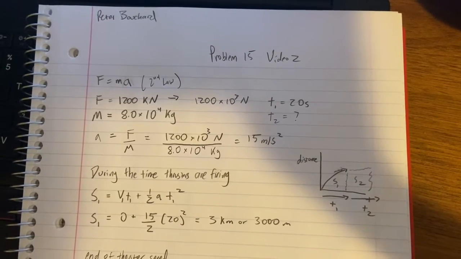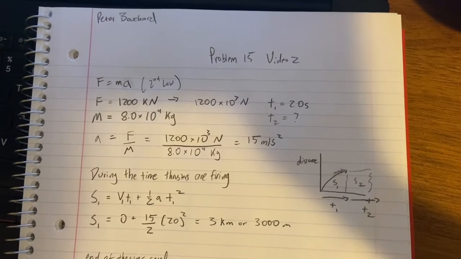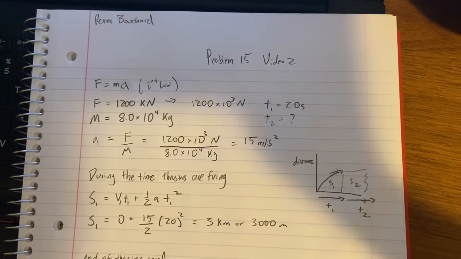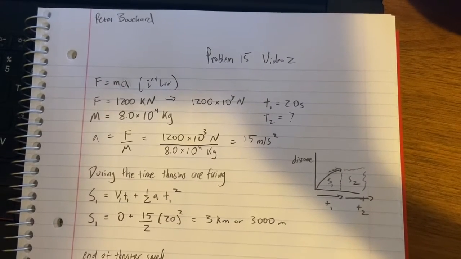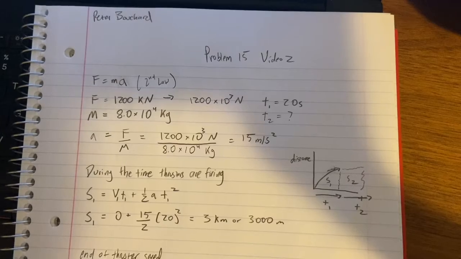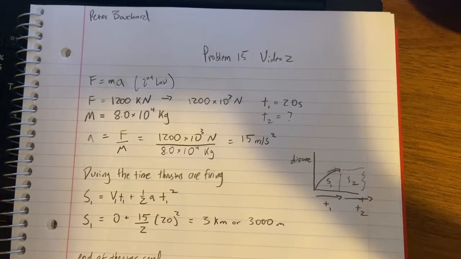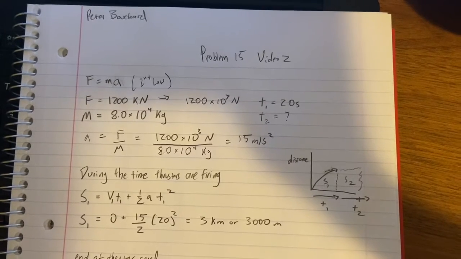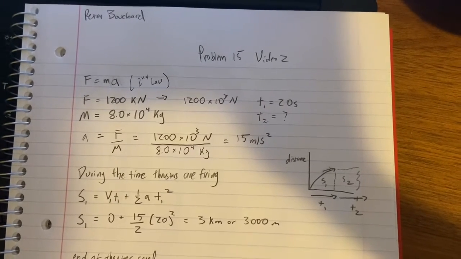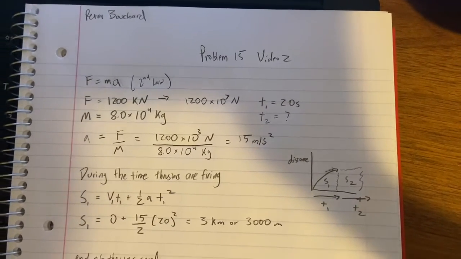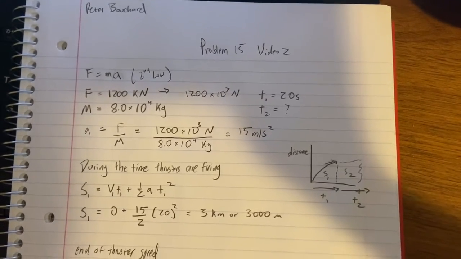We are given the force, which is 1200 kilonewtons, which turns out to be 1200 times 10 to the third newtons, just a quick conversion, and then the mass of the ship in kilograms. Once we plug that into the equation, we get the acceleration is 15 meters per second squared.